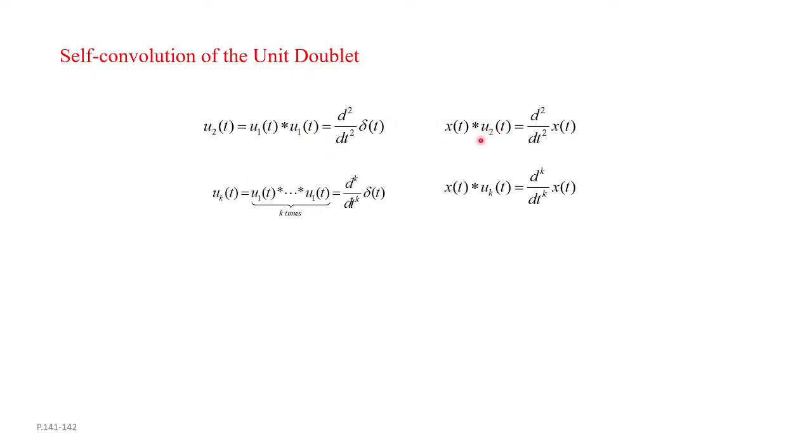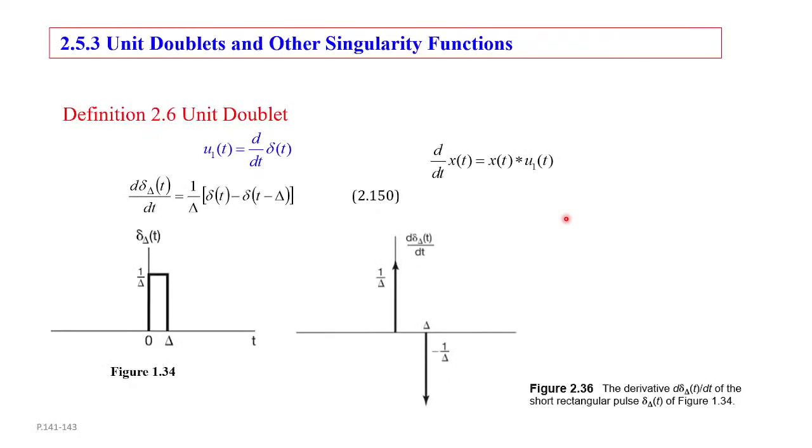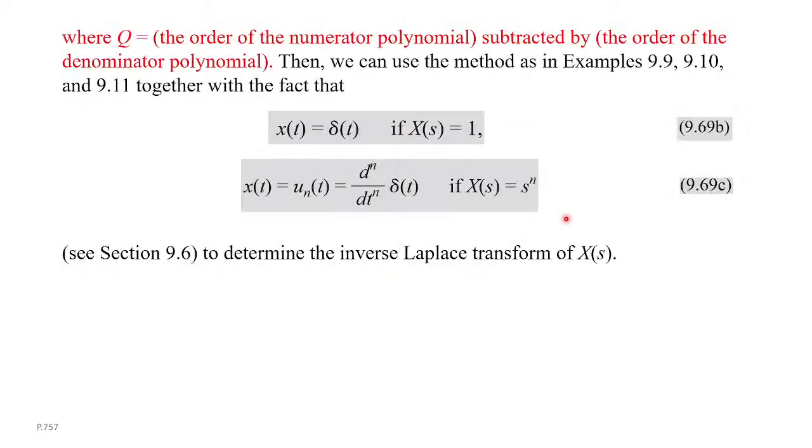When you convolve something with this u2, it gives you second order differentiation, and you can do this k times, and it will be the kth order differentiation of delta, and you can convolve them with x and get the kth order differentiation of x of t. Okay, so those are what the uk are, and let's go back a little bit.